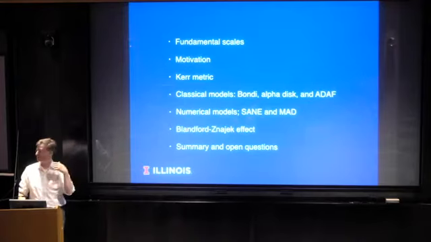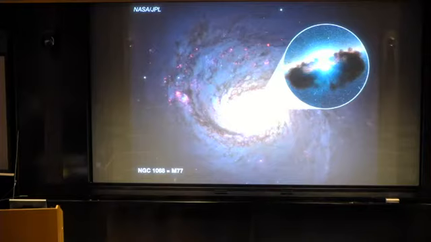Okay, so astrophysical motivation, which accreting black holes are we interested in? There are lots of examples of accreting black holes, including probably in gamma ray bursts. I'm going to restrict discussion to galactic nuclei and stellar mass black holes.